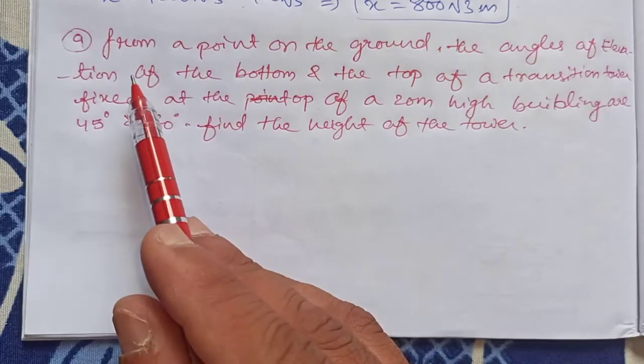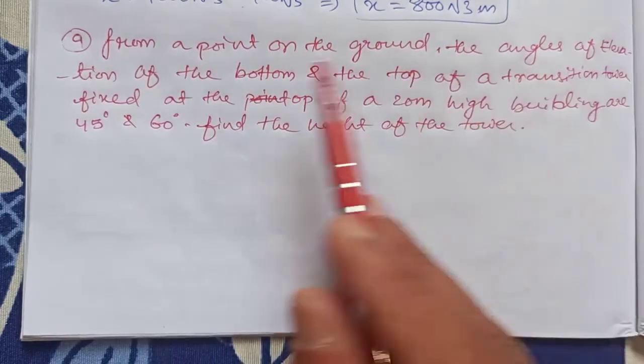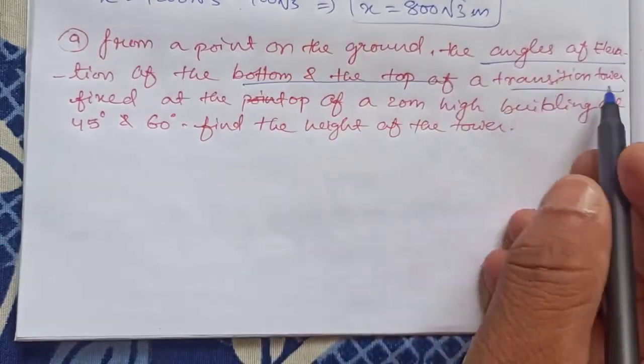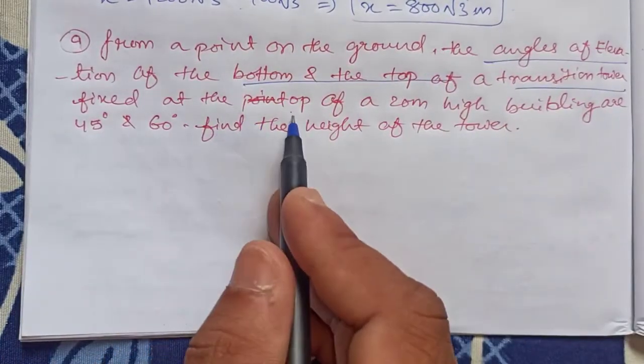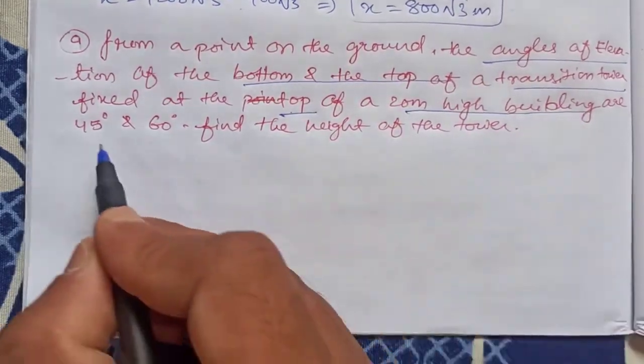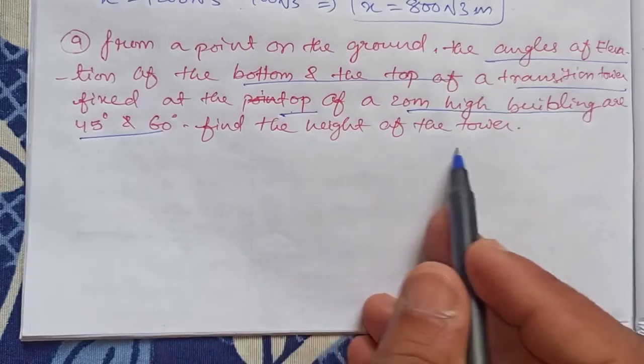In question number 9 it is given, from a point on the ground the angles of elevation of the bottom and the top of a transmission tower fixed at the top of a 20-meter high building are 45 degree and 60 degree. Find the height of the tower.